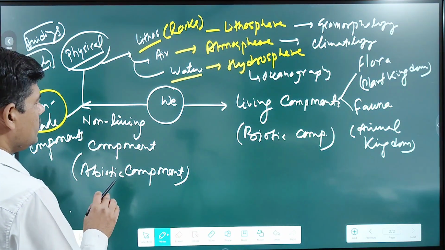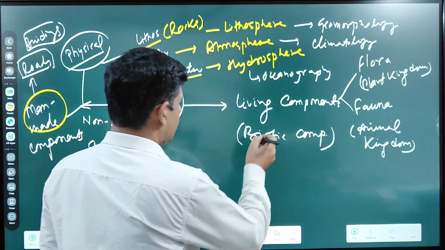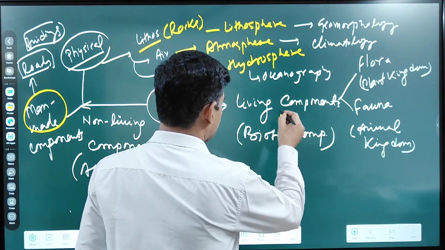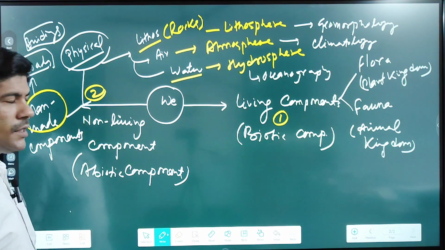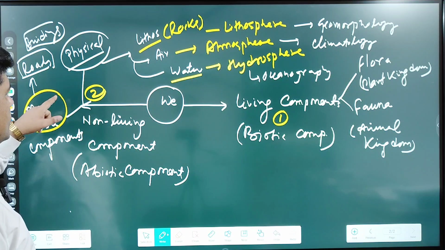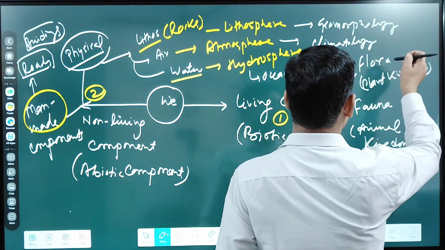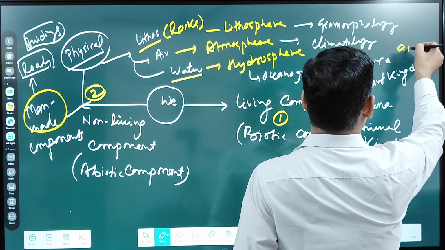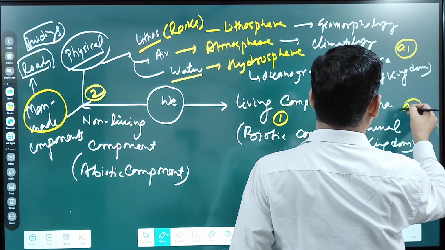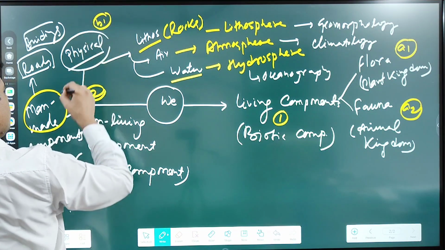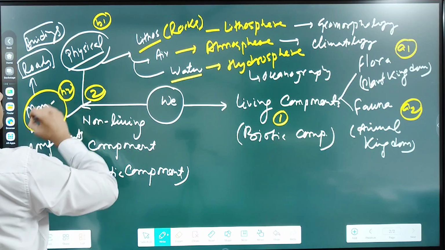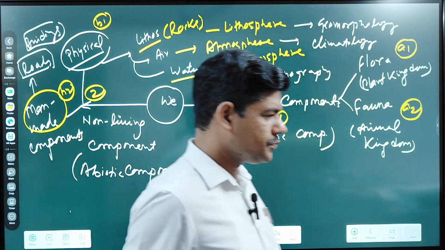Okay. Now this is one component, this is another component, this is part of this, so A1, A2, B1, B2. Okay.